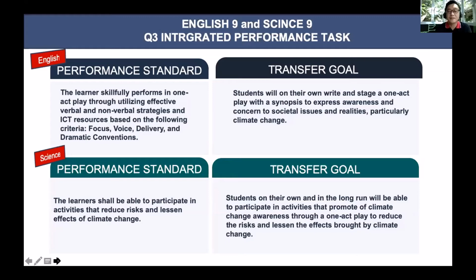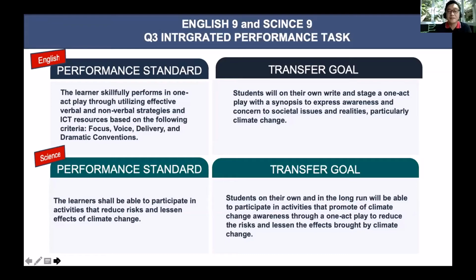Now, let's take a look at the transfer goal for English. From the performance standard again, remember the 3 elements? Students will on their own write and stage a one-act play with a synopsis to express awareness and concern to societal issues and realities, particularly climate change. And by the way, I think I should mention that quarter 3 theme for English 9 is connecting to the world.